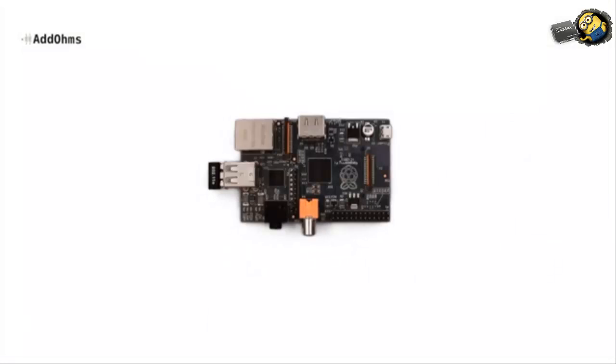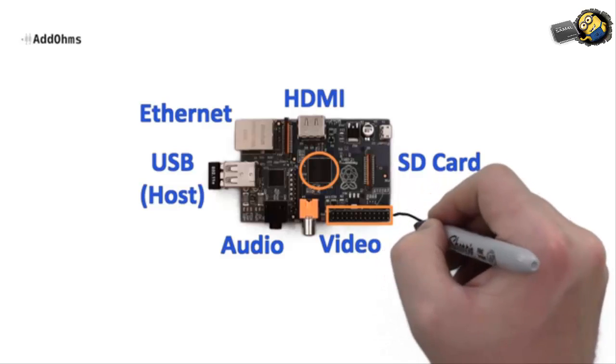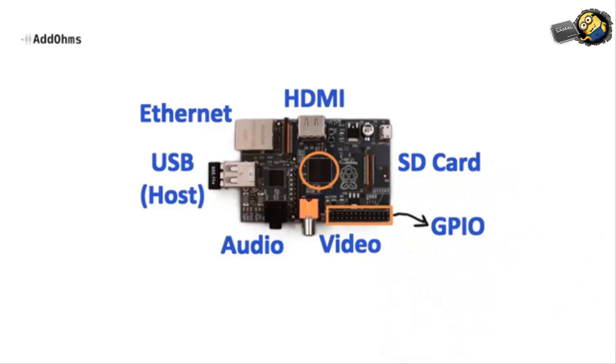The Raspberry Pi, on the other hand, is actually a single board computer, or SBC. On the board, there's a 32-bit microprocessor and ports that support video, audio, USB host, Ethernet, SD cards, and even an HDMI port. There's also some GPIO headers that look like Arduino pins and are kind of like Arduino pins, but we'll talk about how they're different here in a little bit.